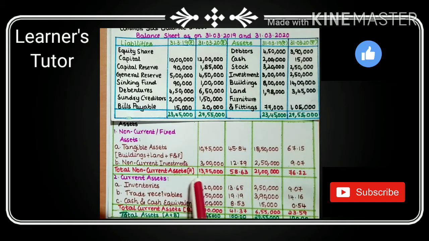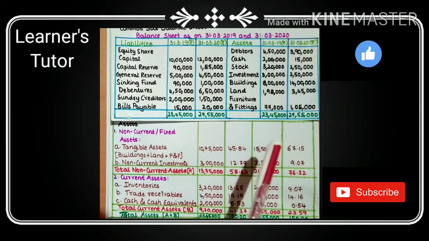Total non-current assets: add both, 10,75,000 plus 3 lakh will give you 13,75,000. Here also 18,50,000 plus 2,50,000 will give you 21 lakhs. 13,75,000 divided by 23,45,000 into 100 is 58.63%. 21 lakhs divided by 27 lakhs 55,000 into 100 is 76.22%.